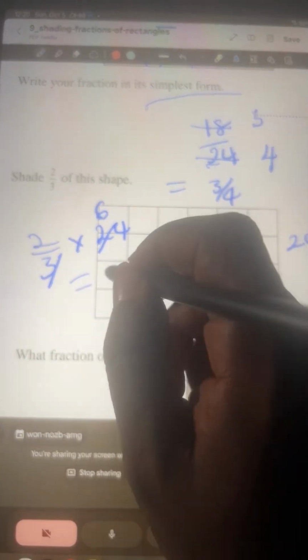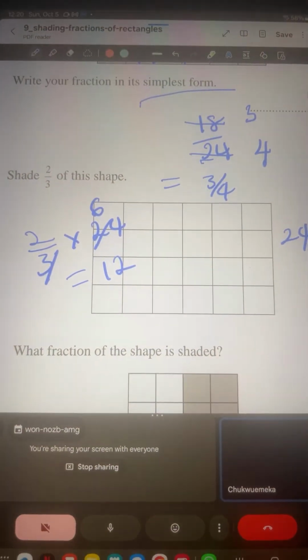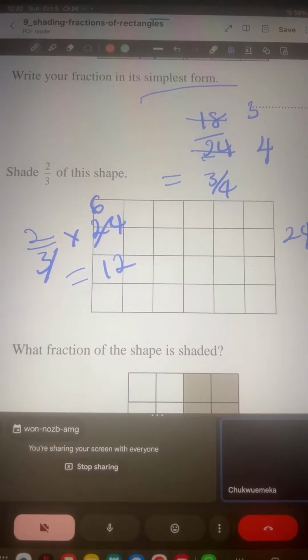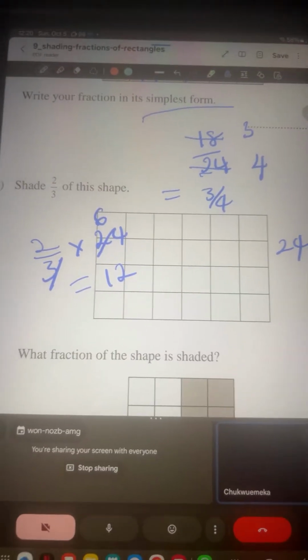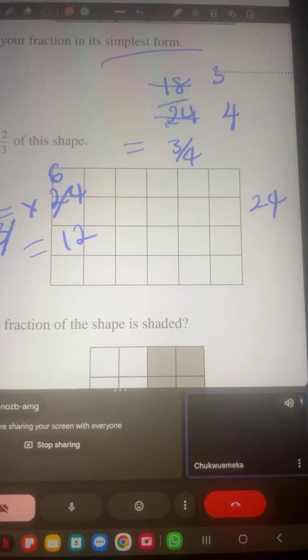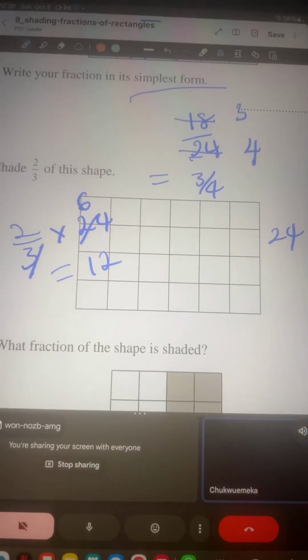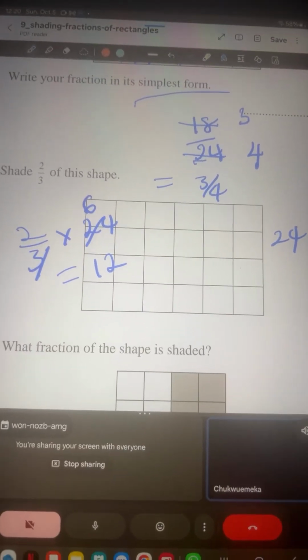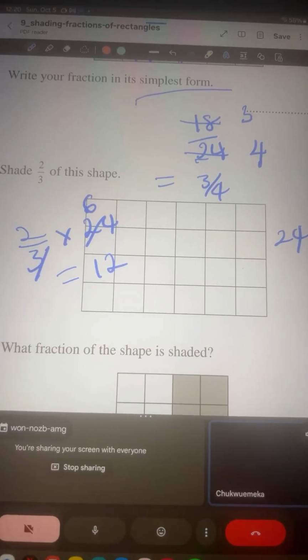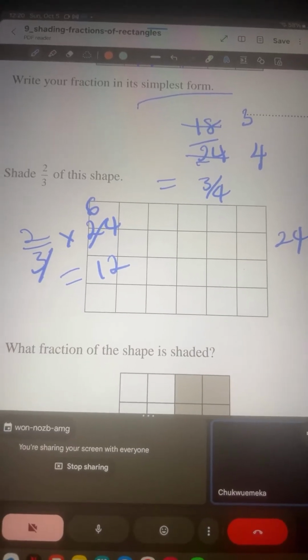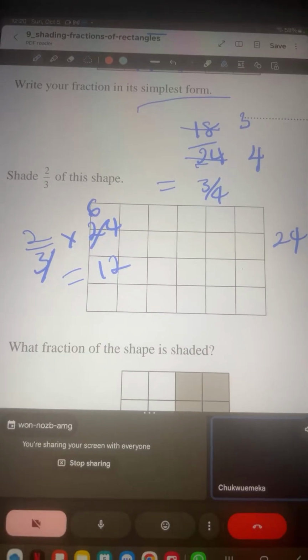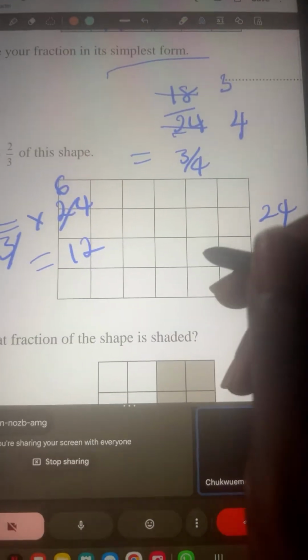And 2 times 6 is the same thing as what? 12. Please, are you following? Yes. So we calculated 12, meaning that out of the whole small squares there, we are only going to shade just what? 12, okay? No. We are only shading 12.